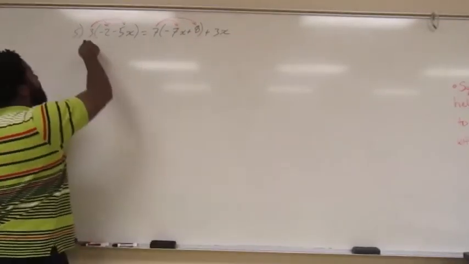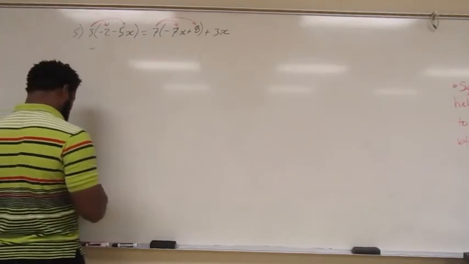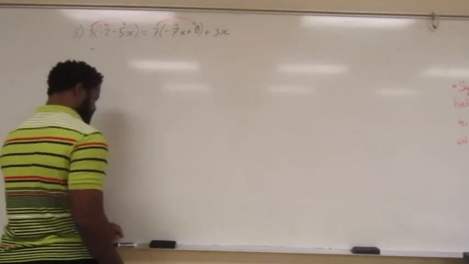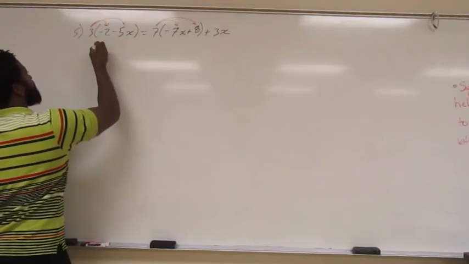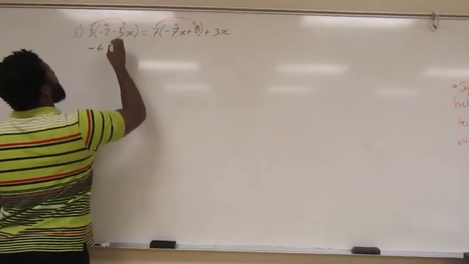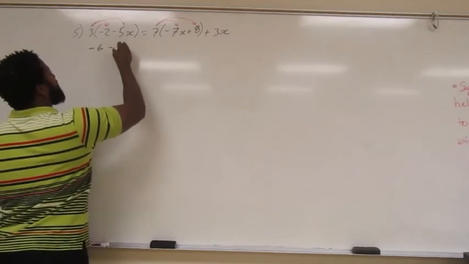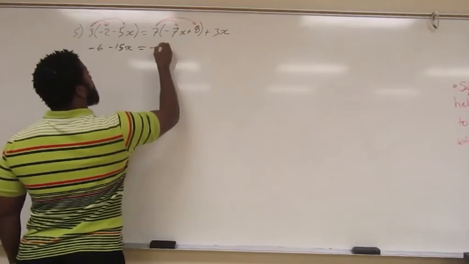That way, 3 times negative 2 is negative 6, minus 15x is equal to negative 49x.